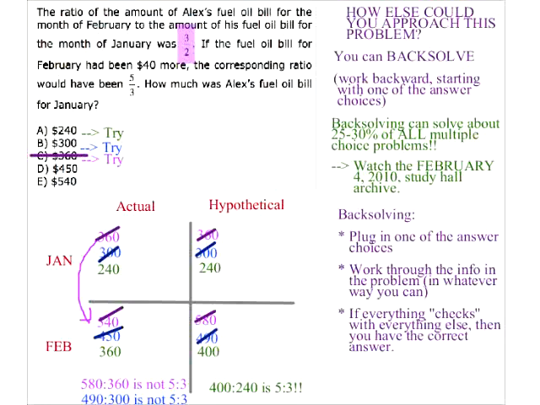So there you go. Okay. Smiley face if you understand the backsolving method here, if you understand how it works.